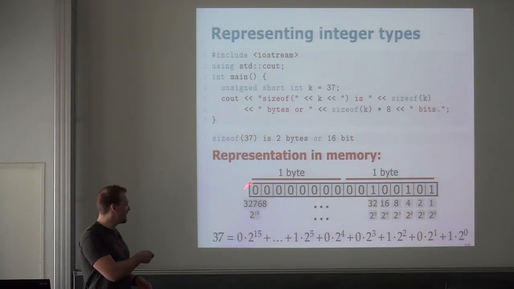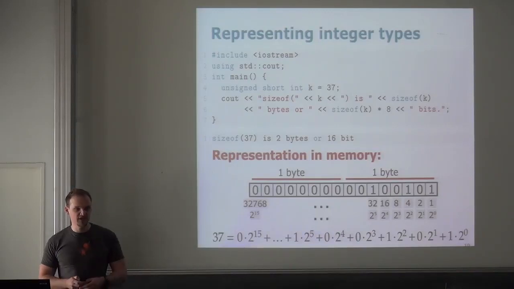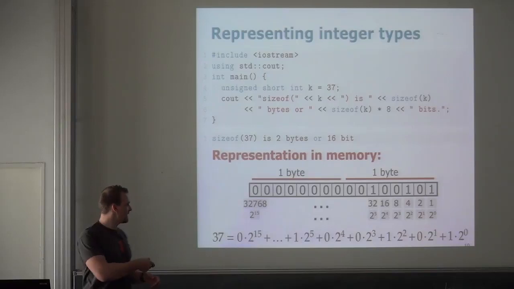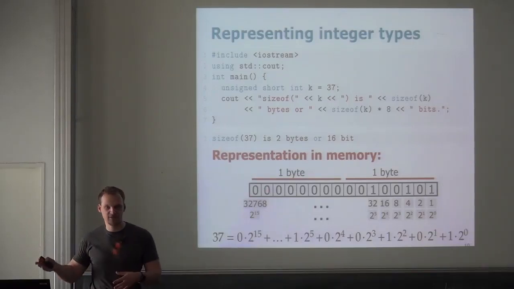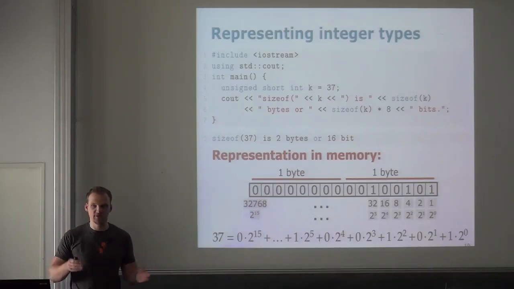You actually give up 1 register. So then this register will be a sign. So now you don't have 2 to the power of 15, you only have 2 to the power of 14 as your highest register, because 1 is just given away for the sign, right? So that's how you implement the negative and the positive numbers.